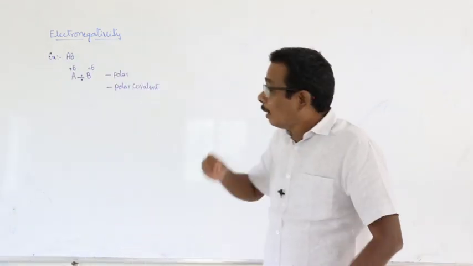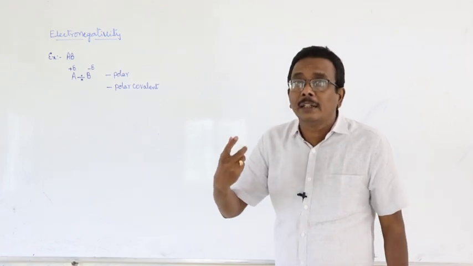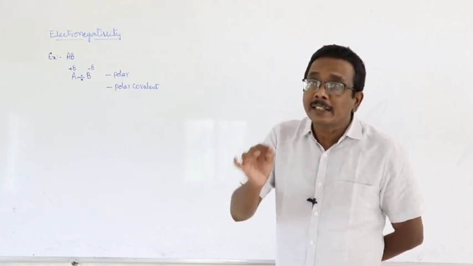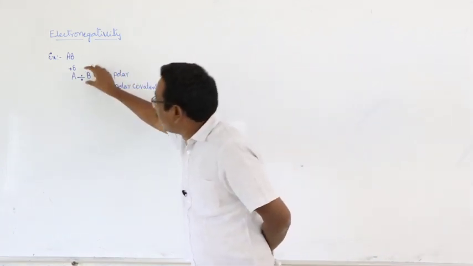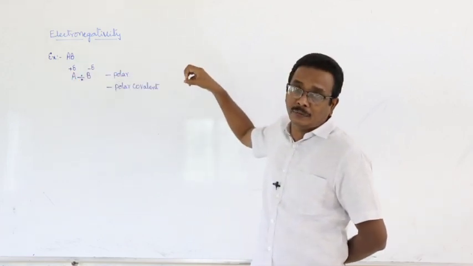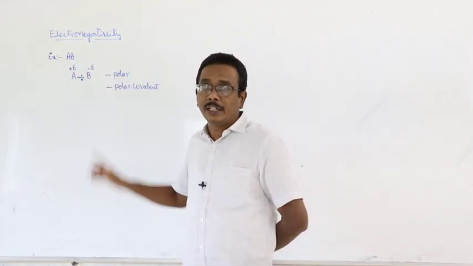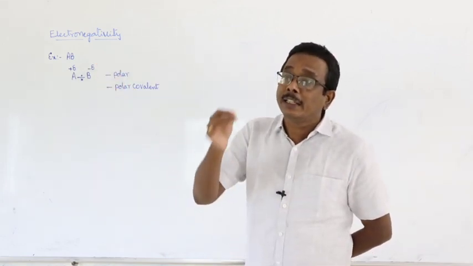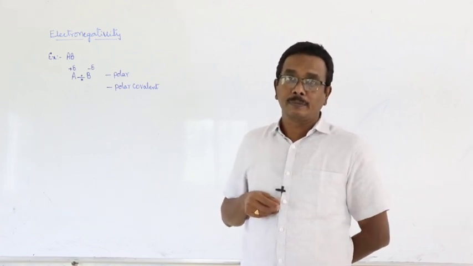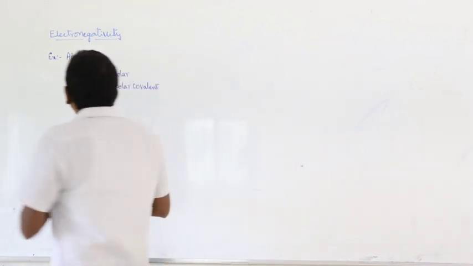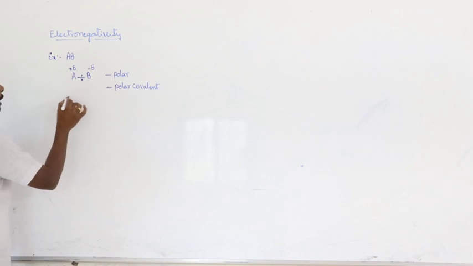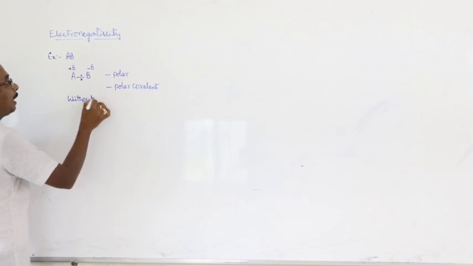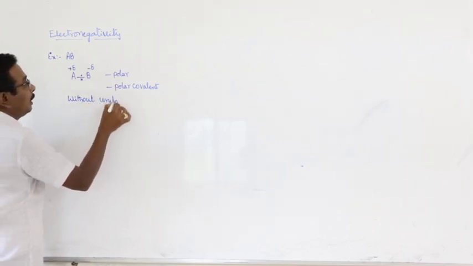Now, once again, recall the definition of electronegativity. Electronegativity is the tendency of a bonded atom to attract the bond pair electrons towards itself in a molecule. It is the property of an atom in a molecule, that is, the property of a bonded atom. And electronegativity is a periodic property without units.